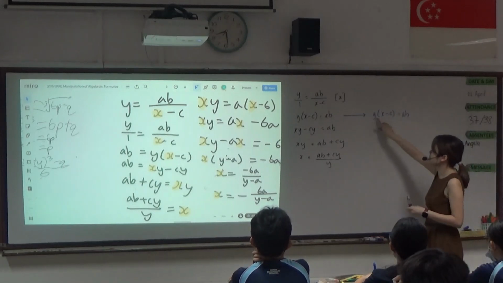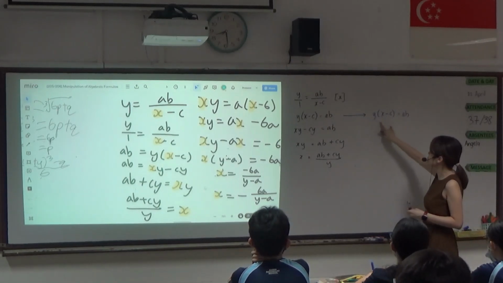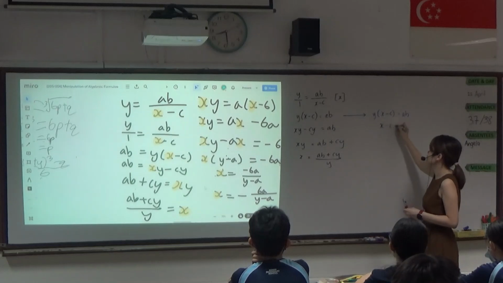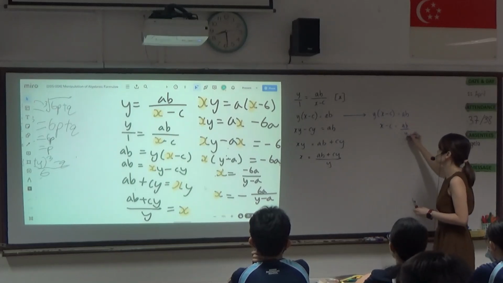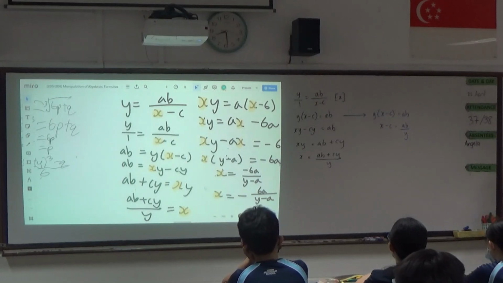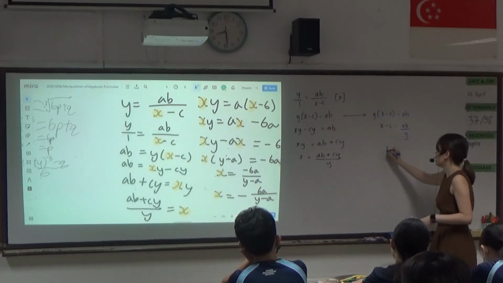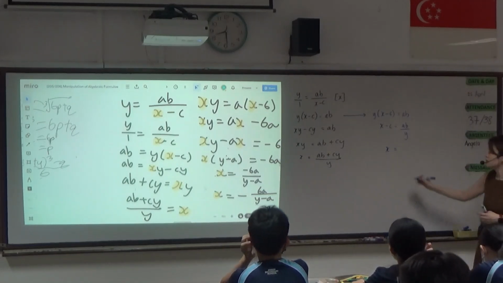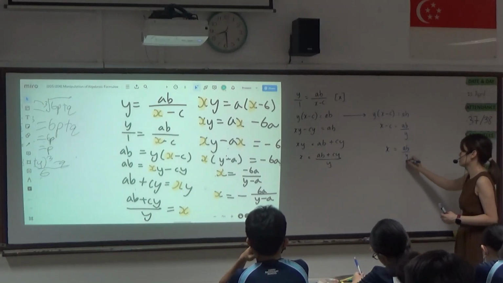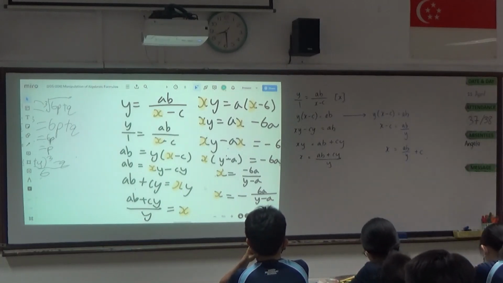So an alternative is that I want my x to be here, so I can divide the y over to the other side. Because x is found inside the brackets, I get rid of the things that are outside of the brackets first, and that can be done by dividing by y. Then I want x to be the subject, so my remaining step will be x equals ab over y plus c. So this is an alternative solution.